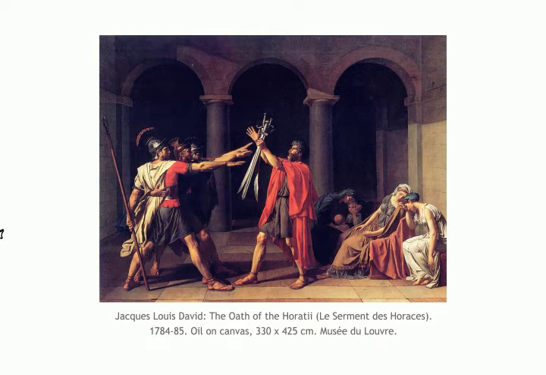So, the story behind the painting is, as I said, the story of the Horatii that goes back to, I think, the 3rd century before Christ, when Rome was basically a small settlement somewhere in the swamps in southern Italy, and they got into a conflict with a neighboring settlement of Alba Longa because they kept stealing each other's cattle.